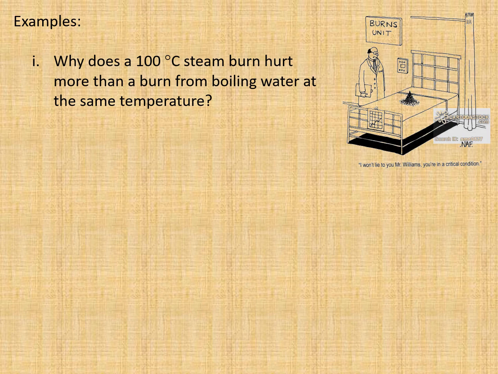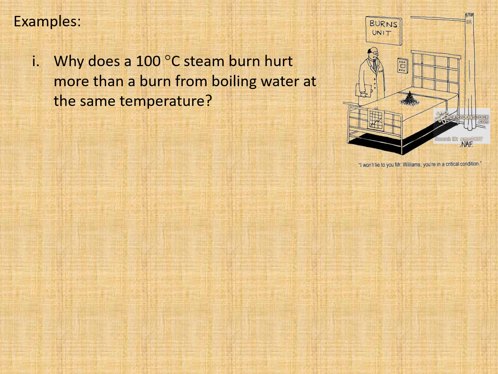Well, when gaseous water or steam at 100 degrees Celsius condenses into a liquid at 100 degrees Celsius on your skin, the water molecules lose a large amount of potential energy as they get closer together. And we said that this amount of energy lost is what we call the latent heat of vaporization.